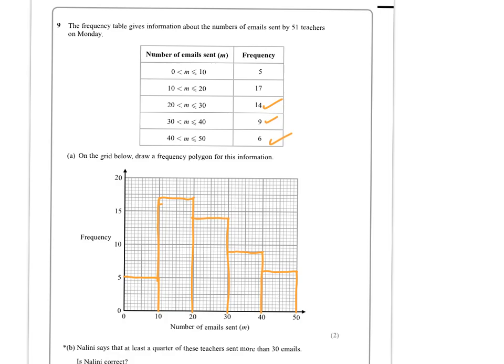A good way of remembering how to do a frequency polygon is just to join the midpoints of the bar chart. What you don't do is, after you've done the joining up, with a ruler, of course, what you don't do is join this up here, because I think when students see the word polygon, they instantly think that you have to have it joined up to make a polygon as you would normally see.